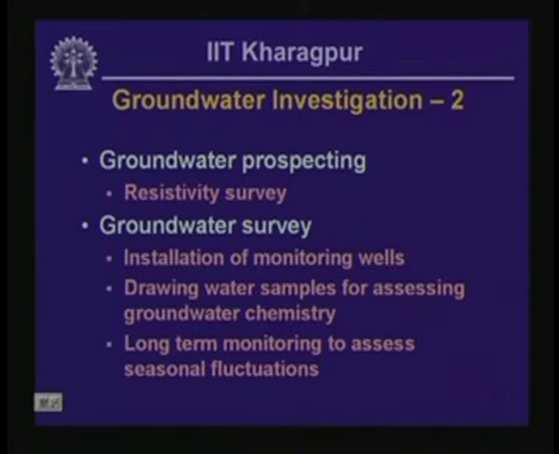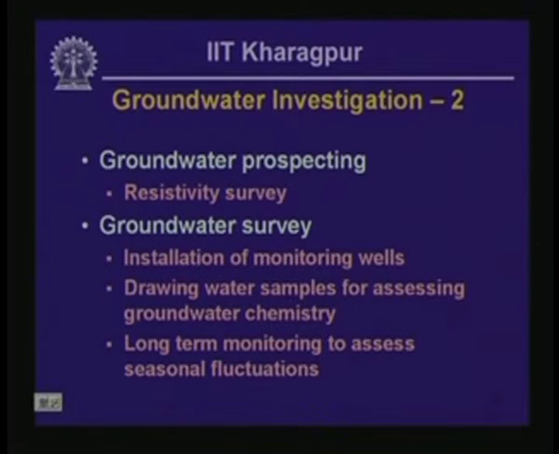Then another type of investigation that is carried out is called groundwater survey, and that involves installation of monitoring wells, drawing water samples from the monitoring wells for assessing groundwater chemistry, and long term monitoring of the wells to assess seasonal fluctuations in groundwater level or artesian pressures within these wells.